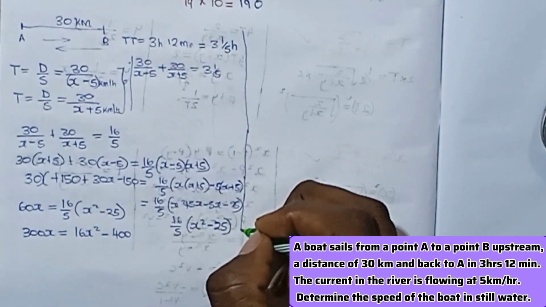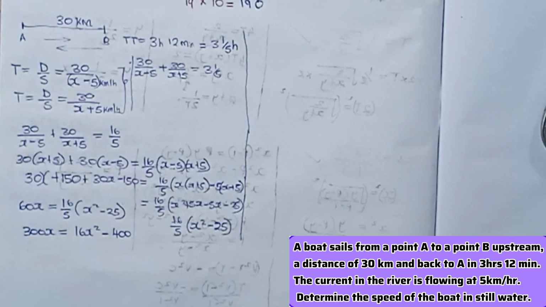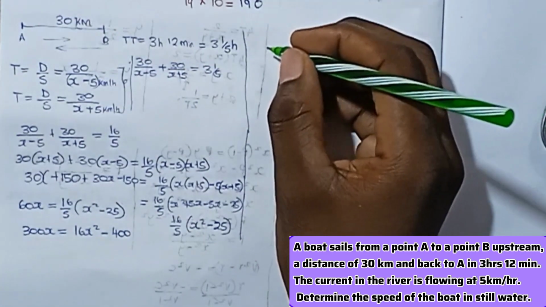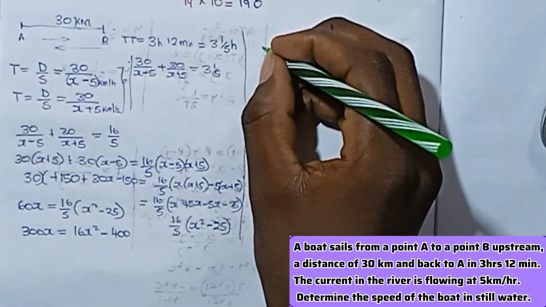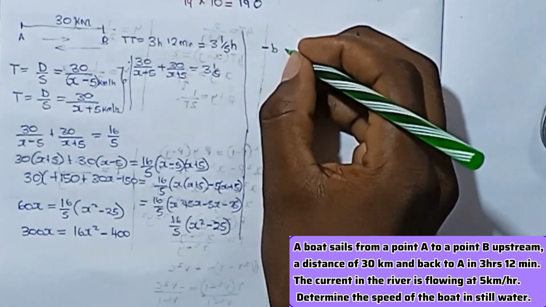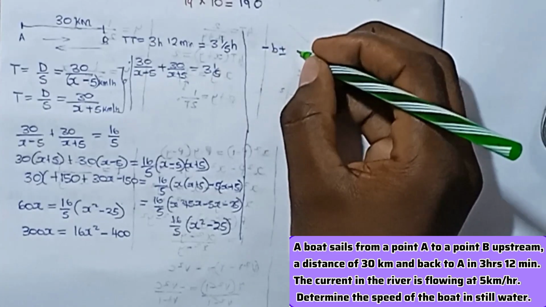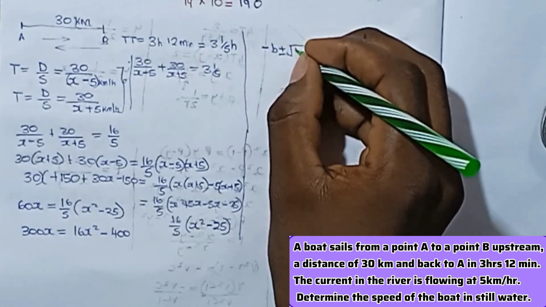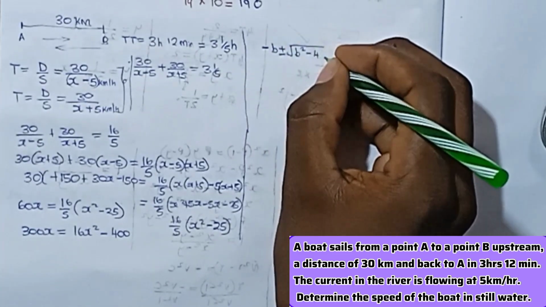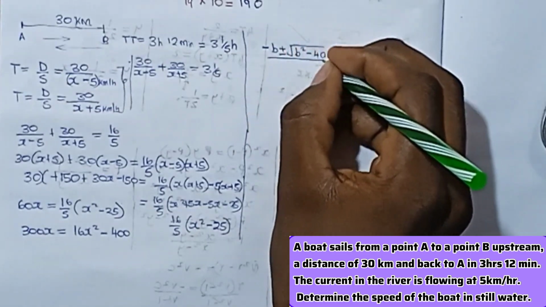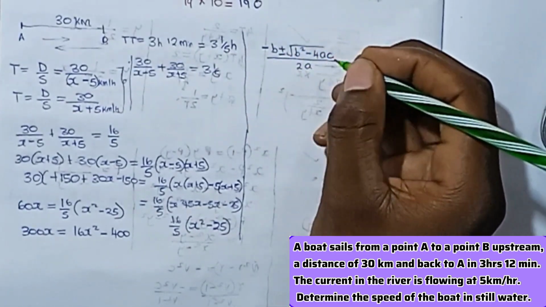We can solve it using different methods. Let us use this formula: x is equal to negative b plus or minus the square root of b square minus 4ac, divided by 2a.